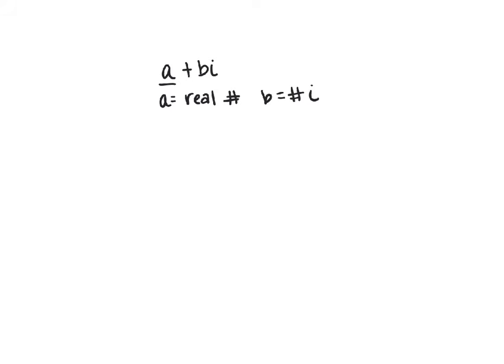So the real number always needs to come first and the i needs to come second. So if we had the expressions 3 plus 2i and 4 minus 5i, these are both in our standard complex form. An imaginary number can also be called a complex number.